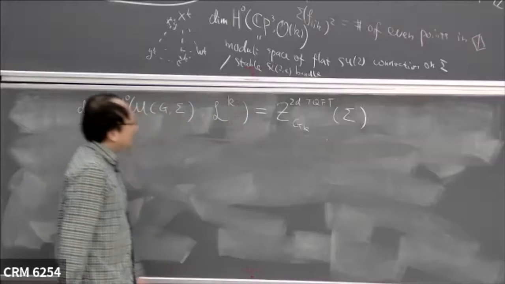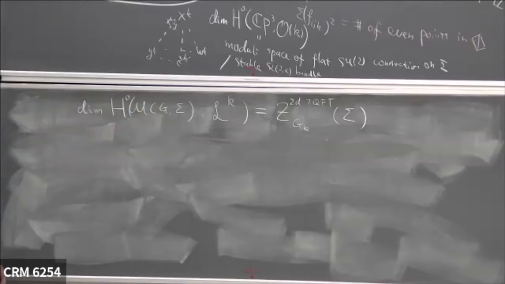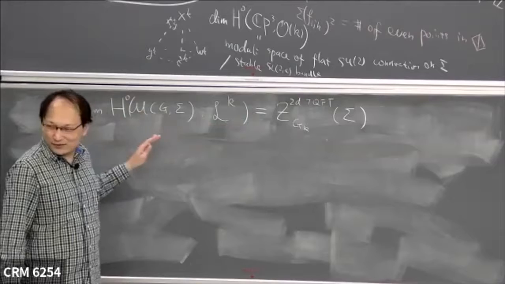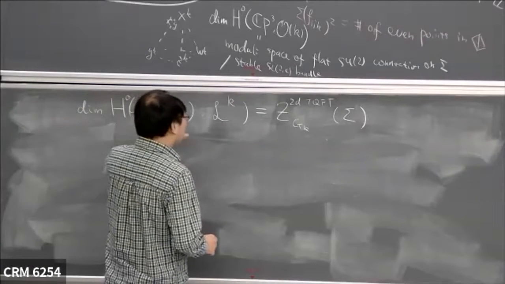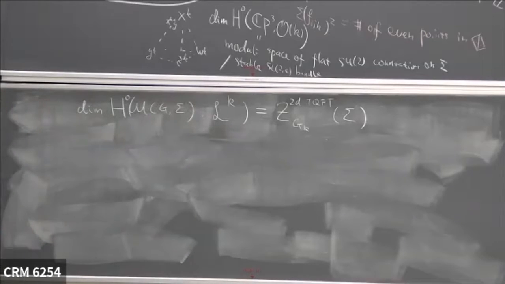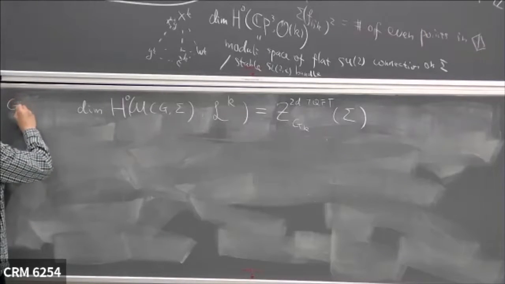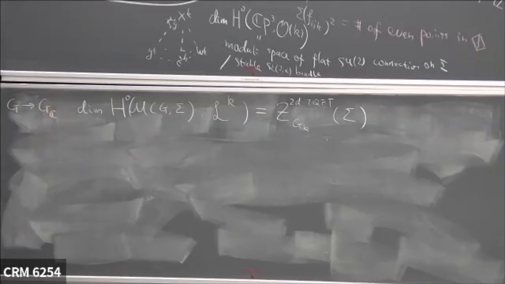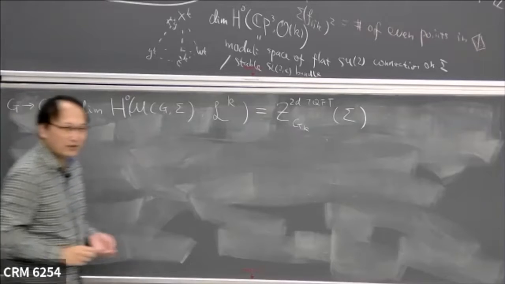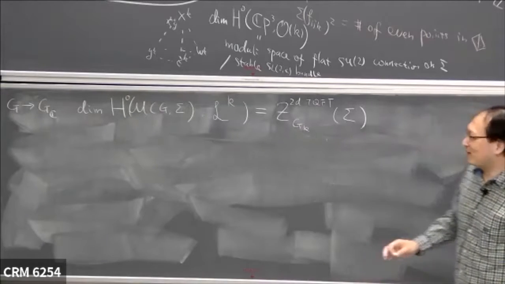But as I mentioned before, this will just be a stepping stone for us. So we are going to consider moving away from this formula in two different ways. One way is by trying to replace G, which is a compact Lie group, by the complexified version. This is something that would not be allowed in the original setup.